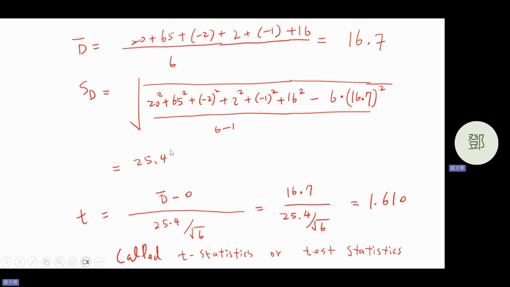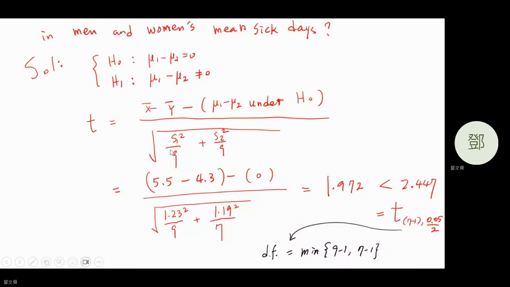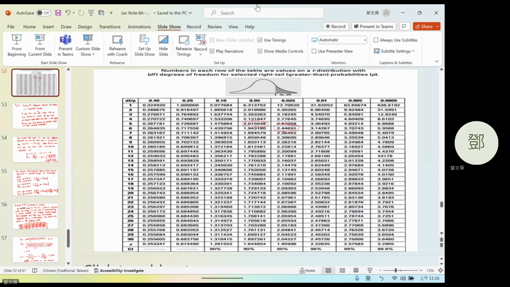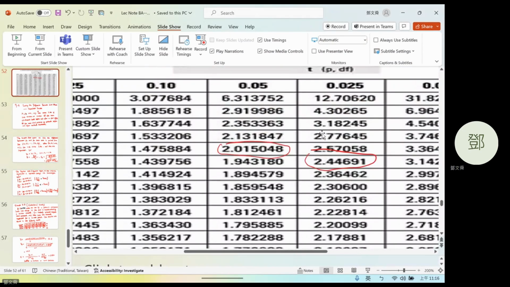T table. The T table is here. Zoom in. Yeah, this one. 0.05, because it is a two-tail test and alpha is 0.1.